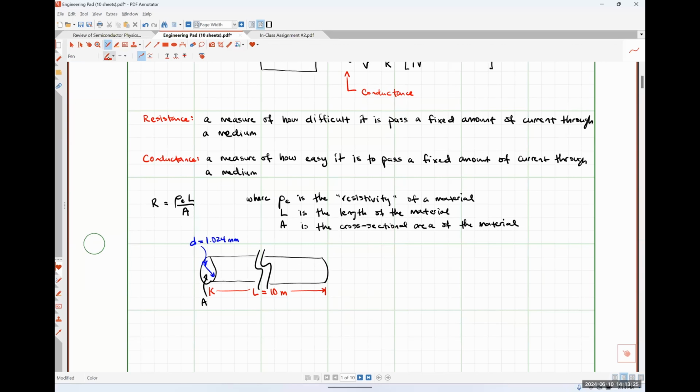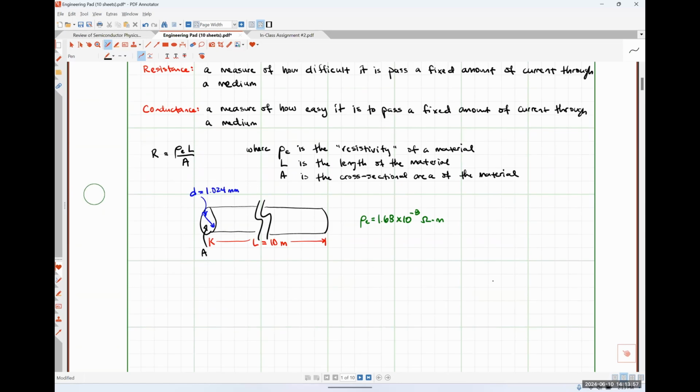Okay. Let's say that our wire is made of solid core copper, and copper has an electrical resistivity, rho E, of 1.68 times 10 to the negative 8 ohm meters. And I want us to determine the resistance of this section of wire.